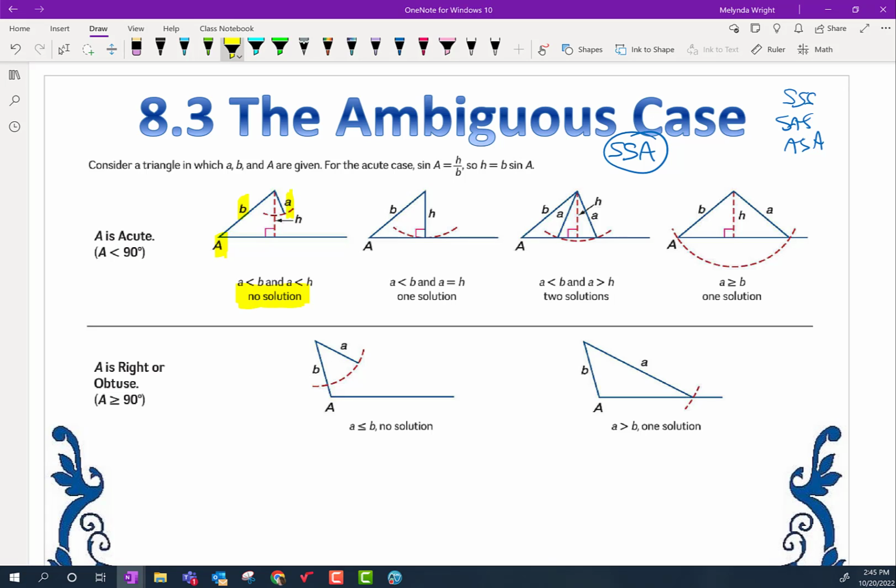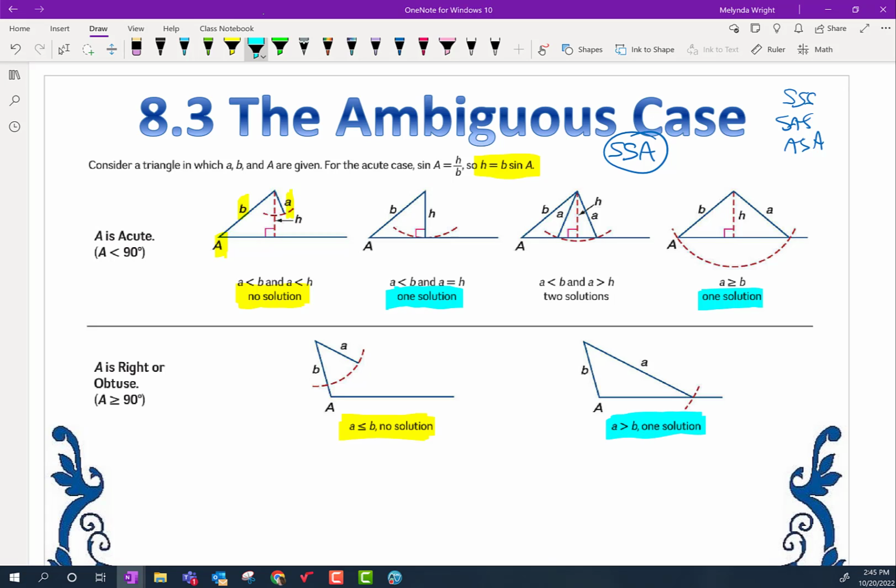The next, we have several different cases, and this is also a no solution, if you want to compare the A's and the B's business. But again, I don't really focus on that. I'm just focusing on the pictures, on the diagrams. So it's also possible to get one solution. It might look like a right triangle, it might look like this, or it might look like that.